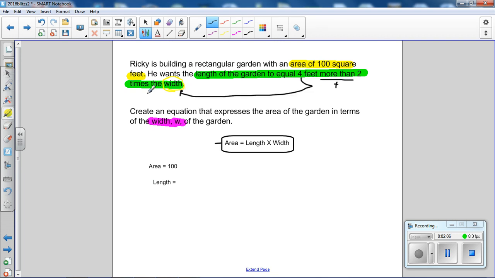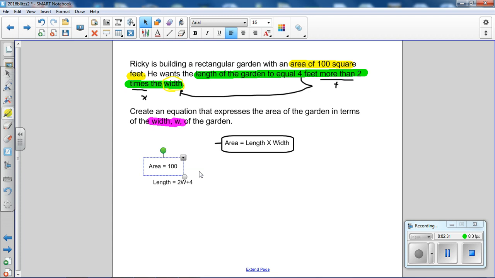Now, we know that the word times means multiplication, right? So let's write what we know. That means our length is going to be equal to 2 times, basically 2W, because we're going to replace the width with W, and more than means to add 4 to it. So now we know what our length is.